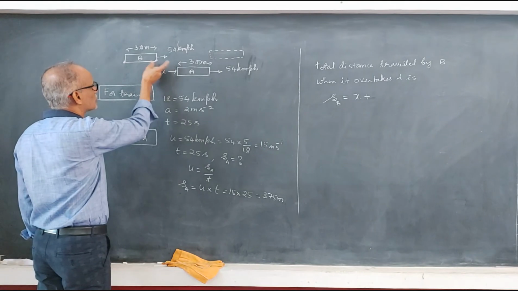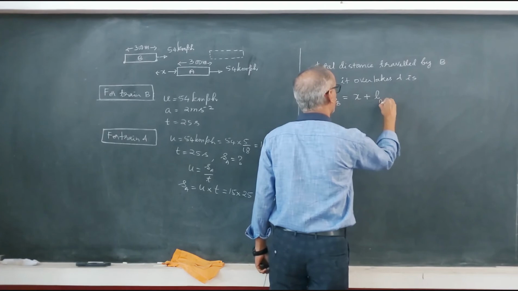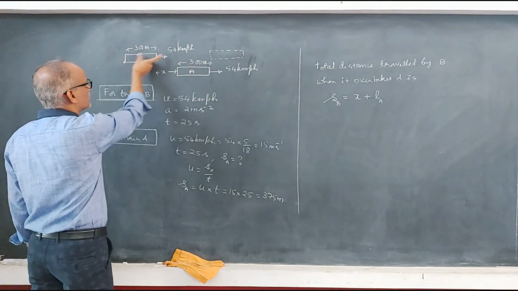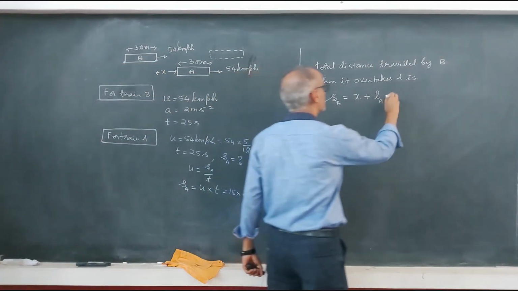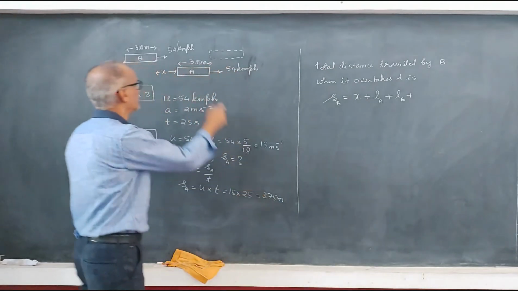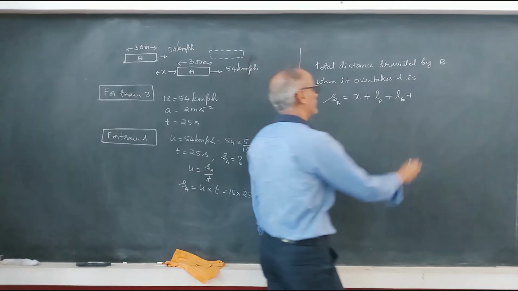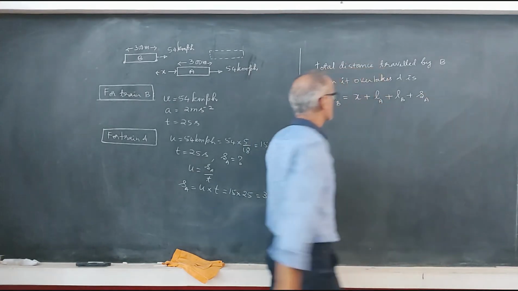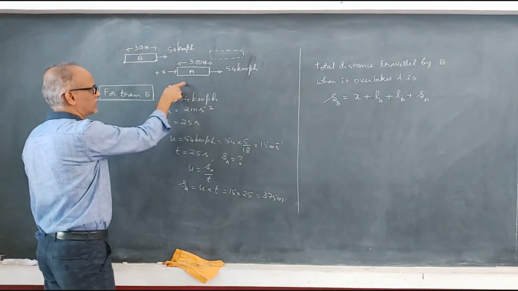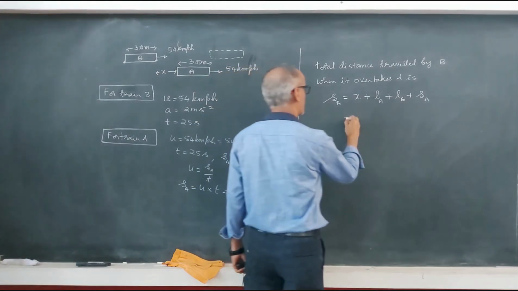Then it has to cover the length of train A. Then it has to cover its own length, which is the length of B. And then, since A is also traveling, it has to even cover the distance traveled by A. So this is the total distance that B has to cover if at all it has to overtake A. X we need to calculate.